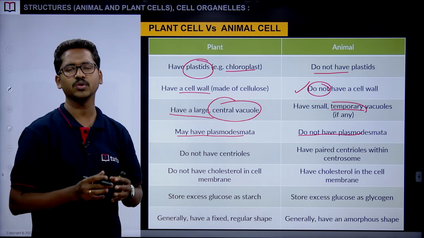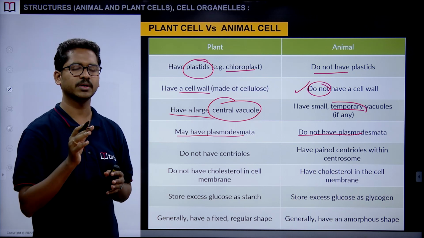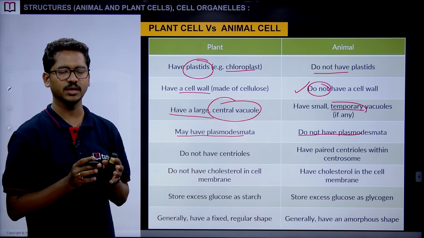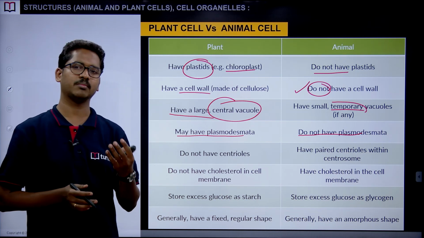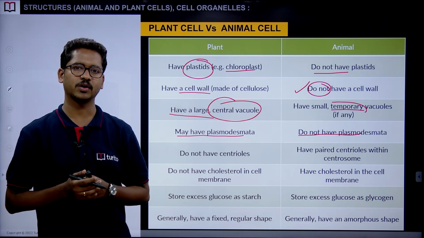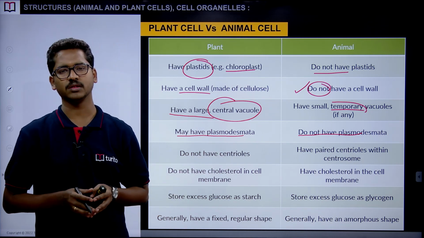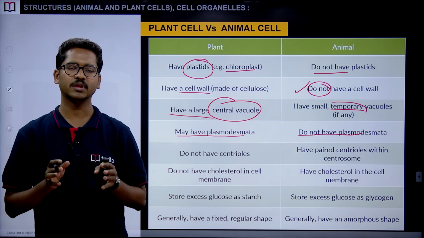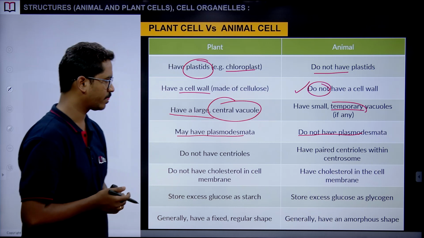In animal cells you will not find the cell wall. If you remember the previous class, we learnt about the cell wall in detail, and we understood that the middle lamella gives rise to thread-like substances, forming the plasmodesmata. Since you do not have a cell wall in animal cells, it is quite obvious that we will not find plasmodesmata in animal cells.